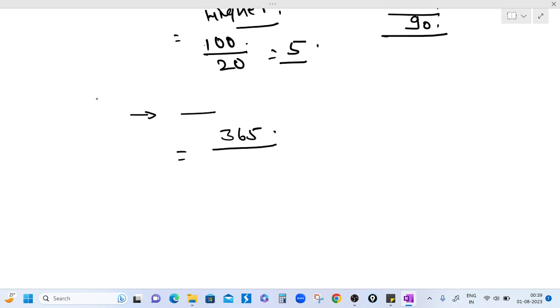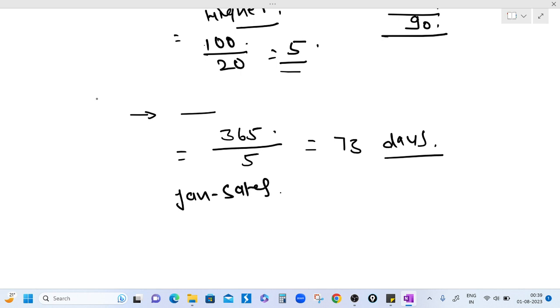Here the ratio you calculated is 5, so if you divide, 73 days is coming. 73 days means for this entity, if you make sales, it will take 73 days to convert this into cash. Suppose in January you made sales, then January plus 73 days, you will receive this amount by April.